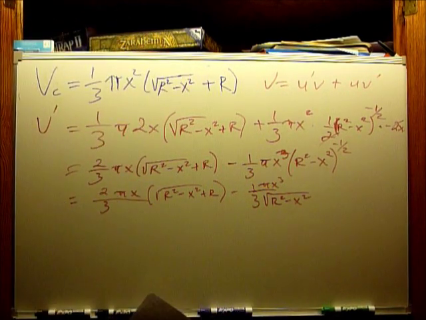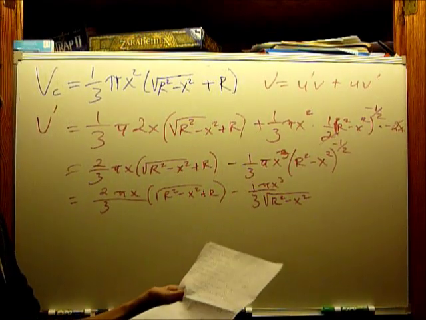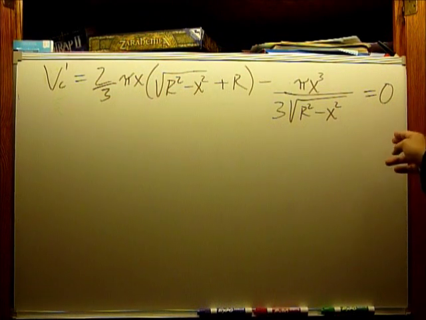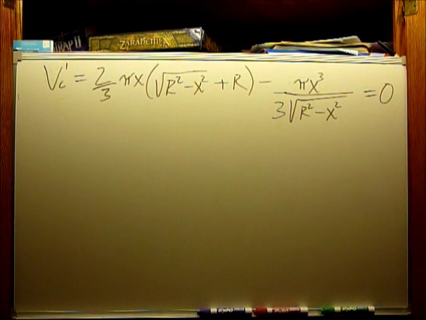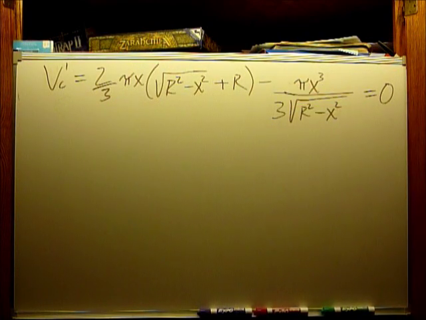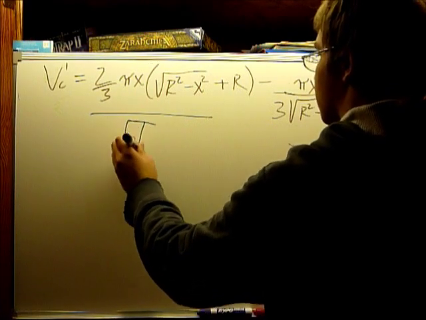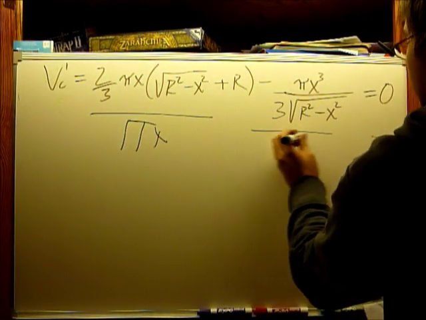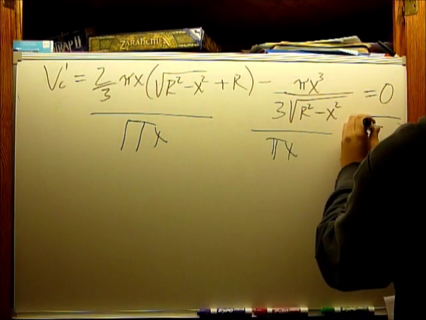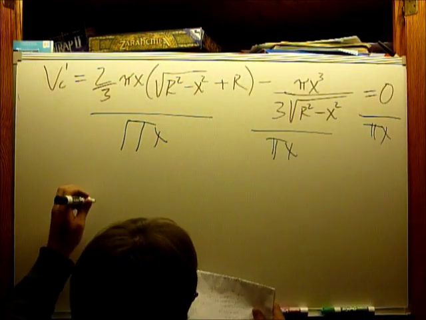Okay, now we're going to solve this equation, set equal to 0. So here's the derivative of the volume of the cone, all nice and solved out, and set equal to 0. So first we're going to divide by pi over x, and then we're going to add this to the other side of the equation.